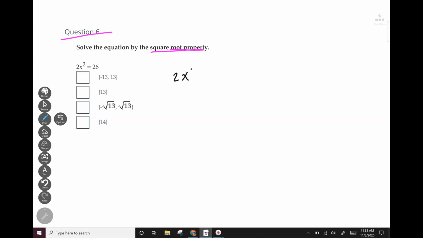So we've got 2x squared equals 26. In order to use the square root property, first isolate the part that's being squared. The only thing that's being squared on this one is the x, right? Unless that's in parentheses, the square does not apply to the 2. It only applies to the x. So first divide by 2.